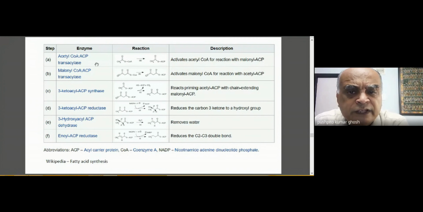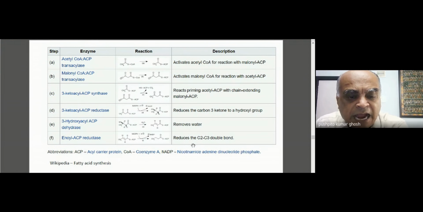So all of these enzymes, what they are, what reaction they do, and what is exactly the function of the enzyme, you'll be able to read from here. It basically just repeats whatever I have told you already.